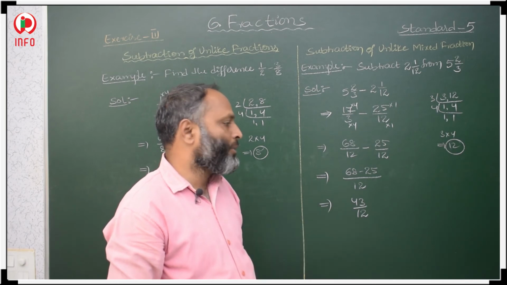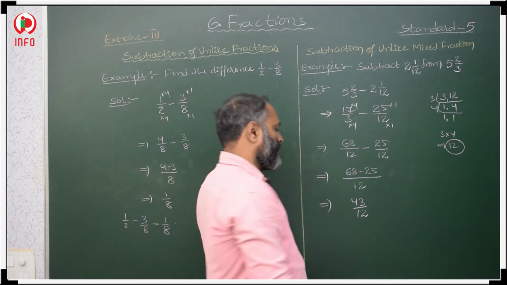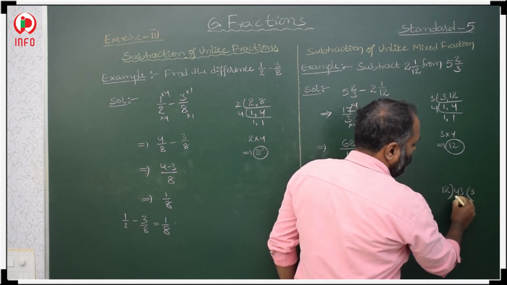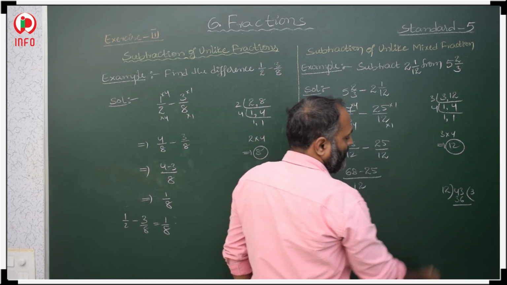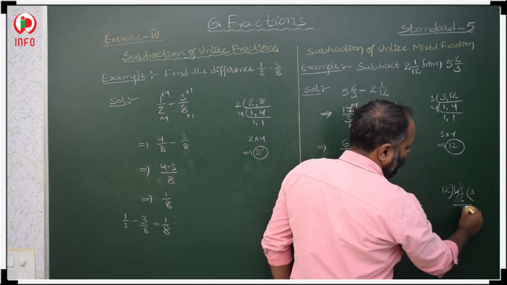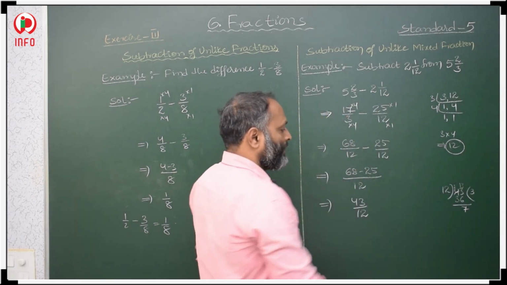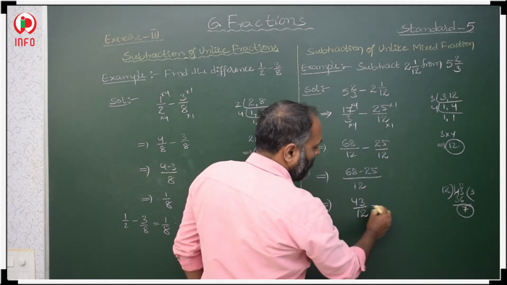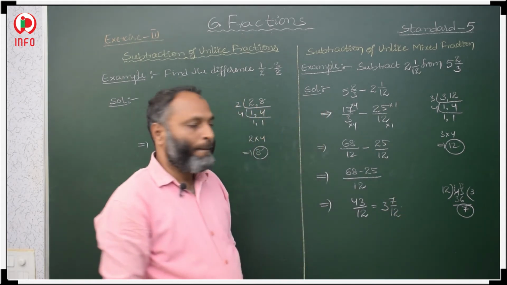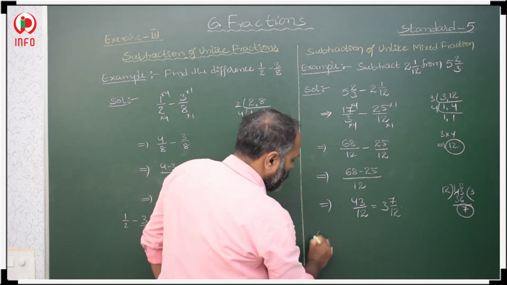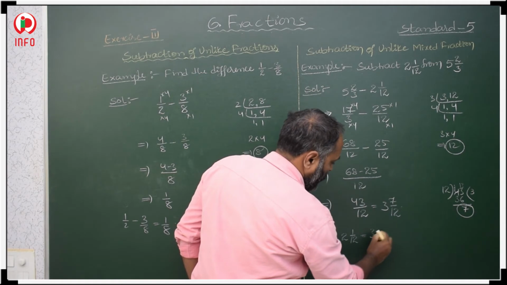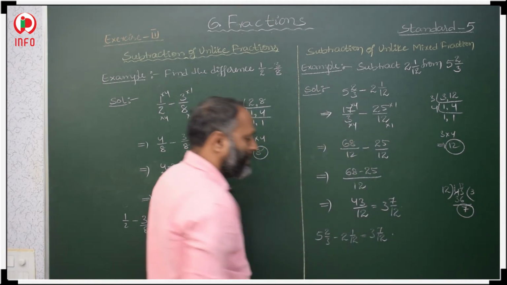We have to convert this improper fraction into a mixed fraction. 12 divides 43. 12 threes are 36, remainder 7. The quotient comes first, then remainder by divisor. So 5 2 by 3 minus 2 1 by 12 is 3 7 by 12, that is your answer.